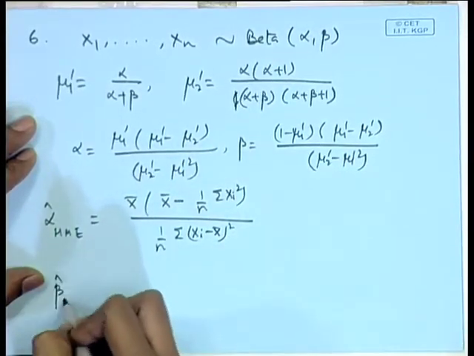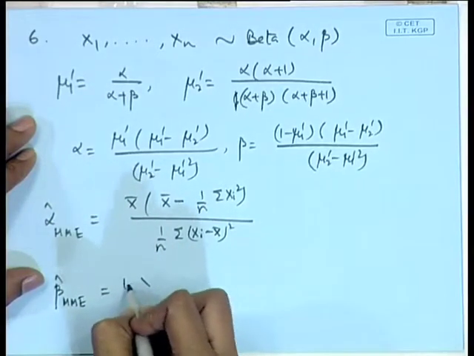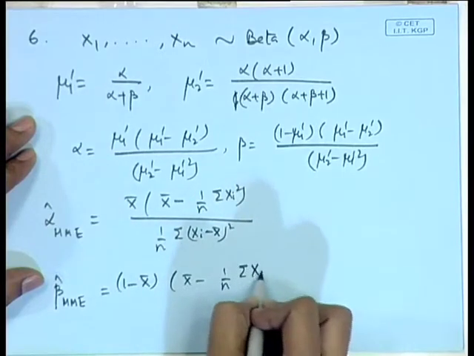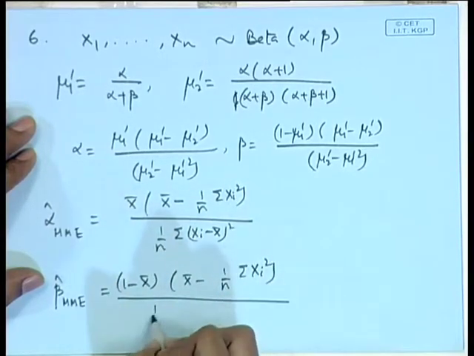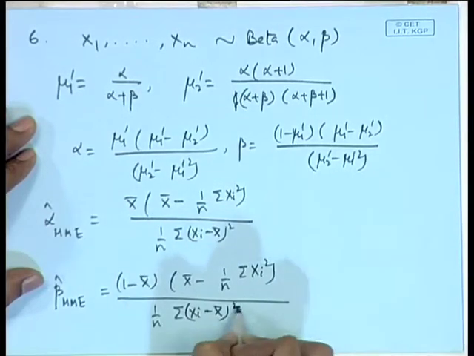Similarly, beta hat MME is equal to (1 minus x bar) into (x bar minus 1 by n sigma x i square) divided by (1 by n sigma x i square minus x bar whole square).